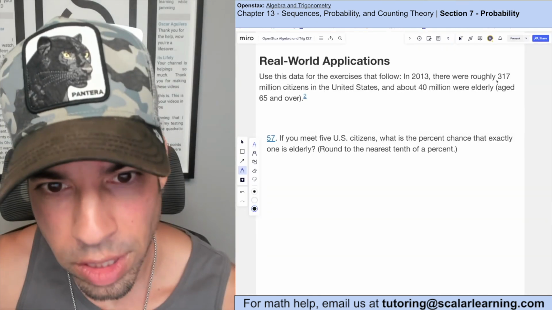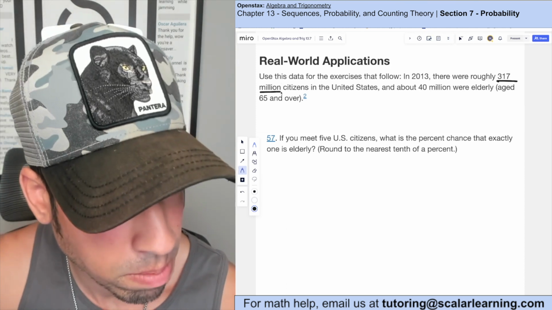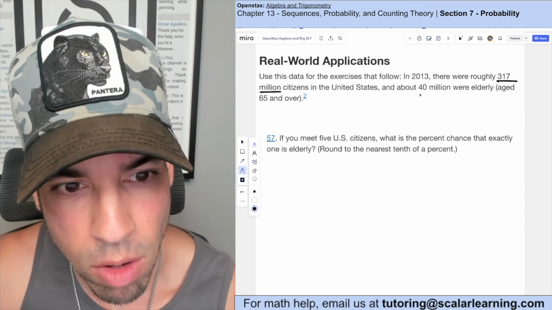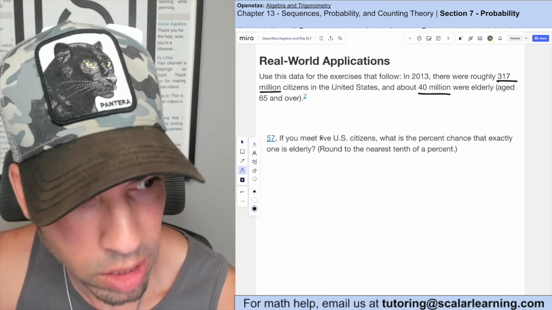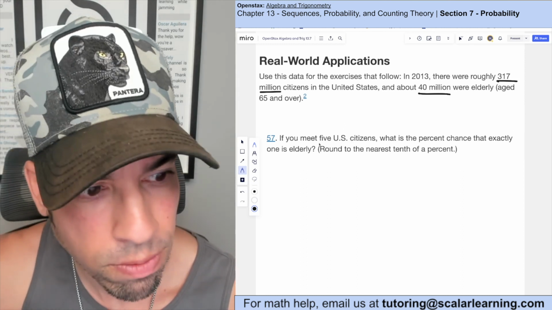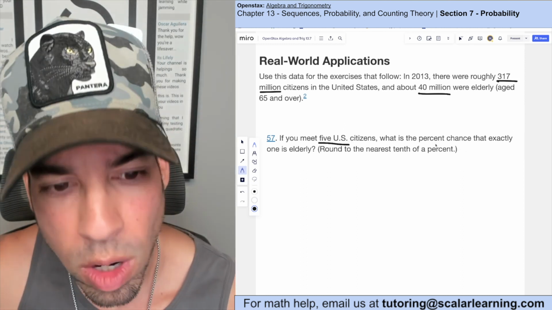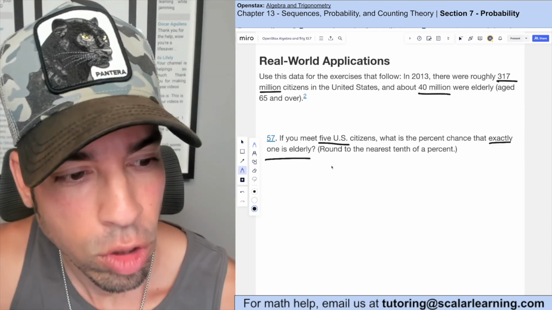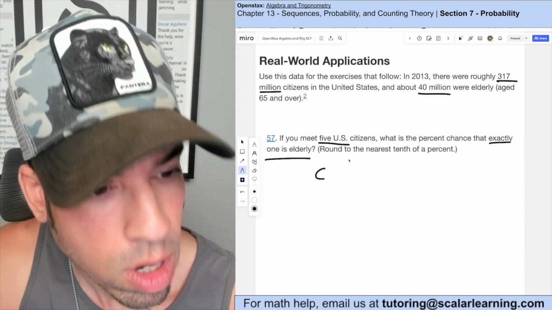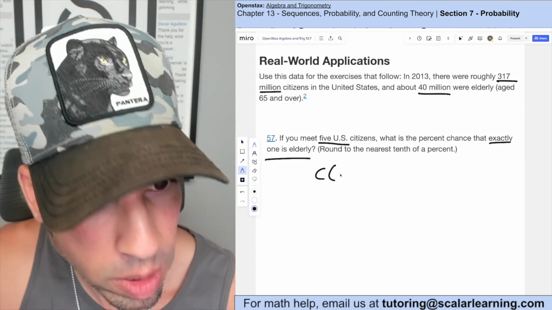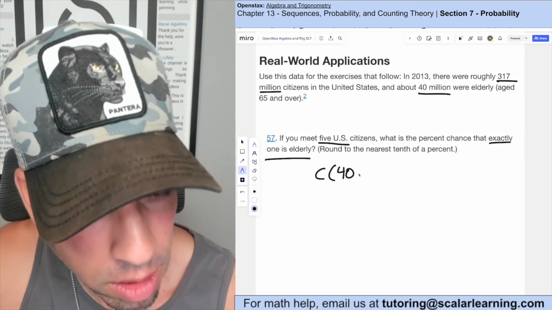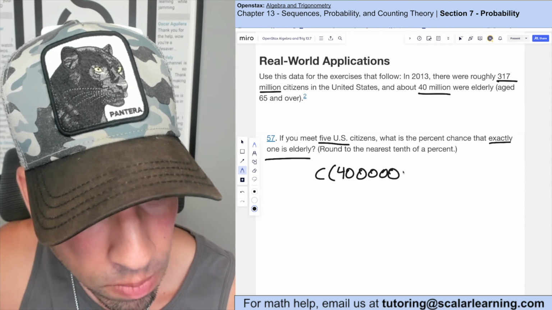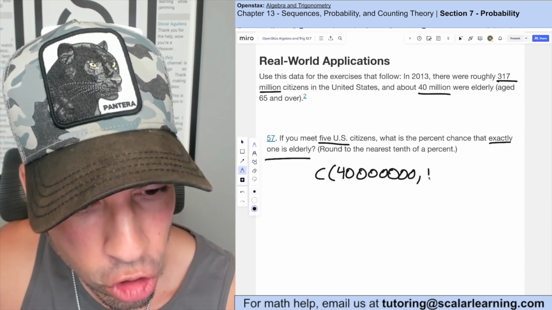In 2013, there were roughly 317 million citizens in the United States, and about 40 million were elderly, which is 65 and over. If you meet 5 U.S. citizens, what is the percent chance that exactly one is elderly? The way we can set this up is, first, we want just one that is elderly. So out of the 40 million that are elderly, we're hoping to choose just one.